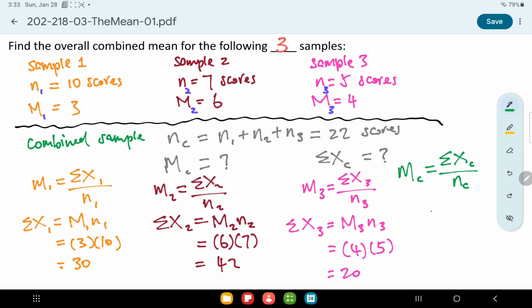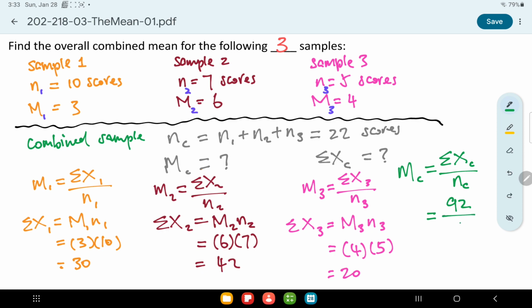So let's keep going with the formula here. M subscript C equals, now what exactly is the total of all the x scores in the combined sample? Well, we add up the 3 numbers, 30 plus 42 plus 20, obtaining 92.